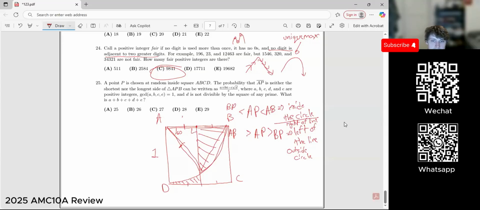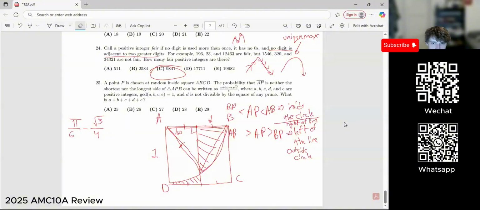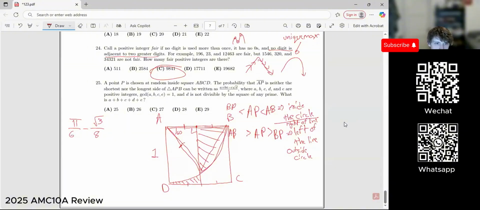The area of this piece right here is going to be pi over 6 minus root 3 over 4? No, root 3 over 8 is the area. So that's this region right here: pi over 6 minus root 3 over 8.